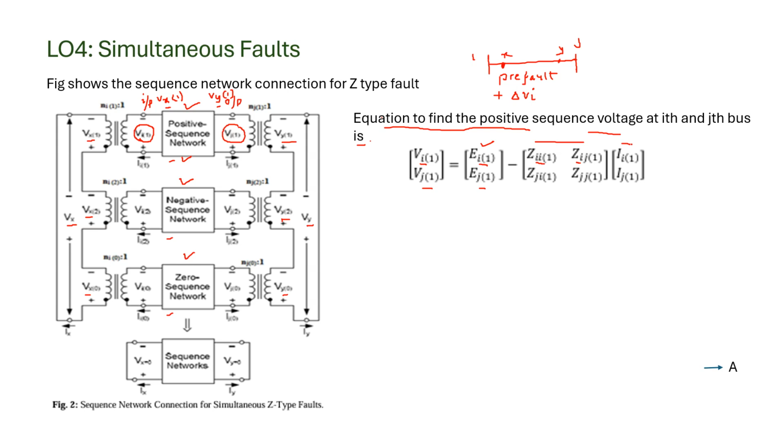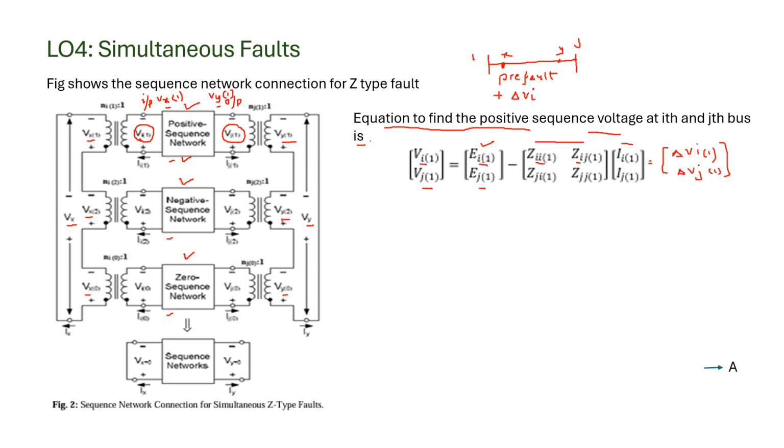This is delta Vi, and this is delta Vj. So this is the change in the voltage at the ith bus due to the fault, and this is the change in the voltage at the jth bus in the positive sequence network.